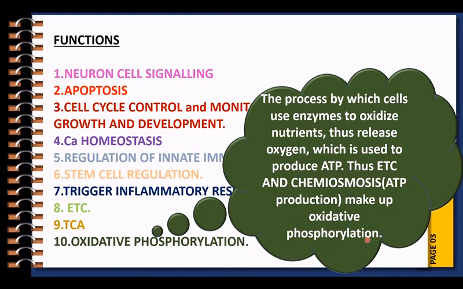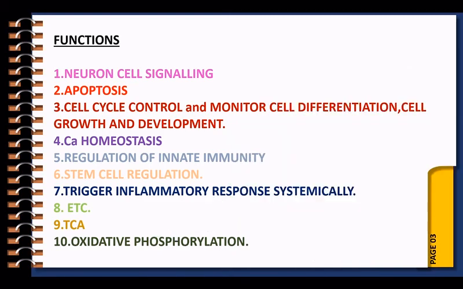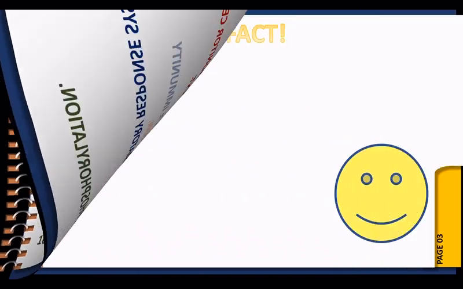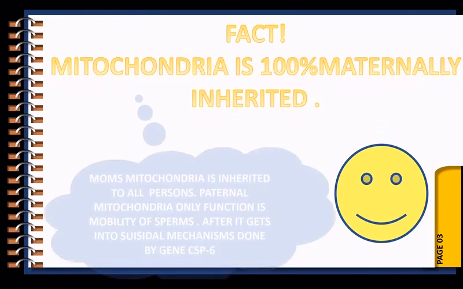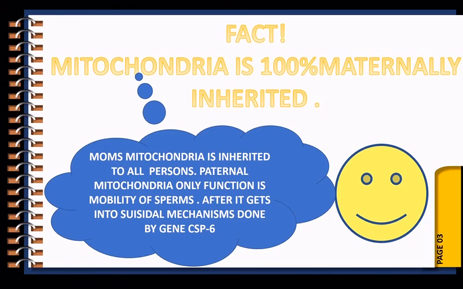Now it's time for the facts section. Mitochondria is 100% maternally inherited. Thanks to moms. Mom's mitochondria is inherited by every person. Paternal mitochondria, that is dad's mitochondria, only function in the mobility of the sperm. After it gets fused to the egg, it enters into a suicidal mechanism, which is done by the gene CPS6.